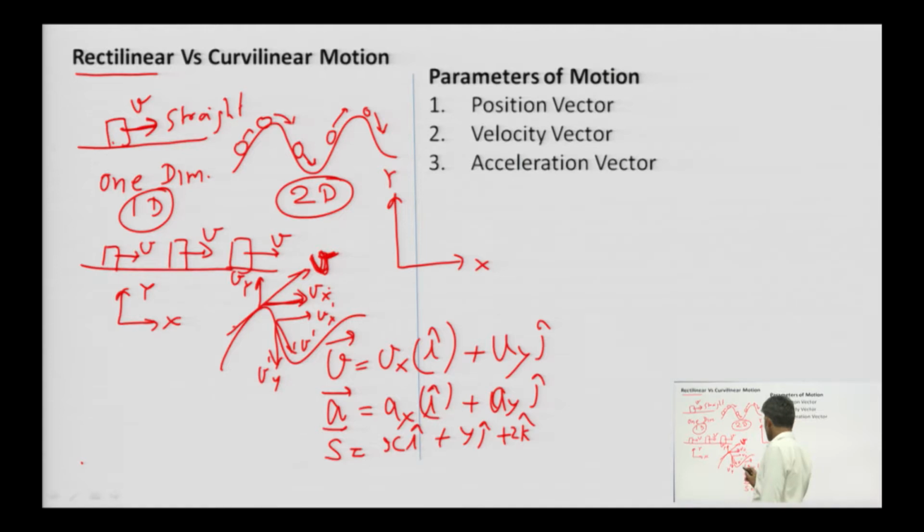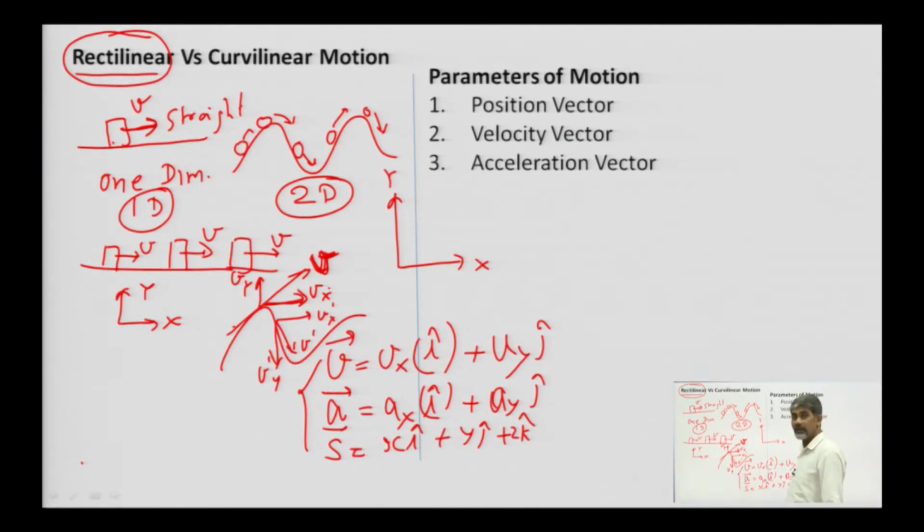So, these will be the equations of the motion parameters: velocity parameter, acceleration parameter, displacement parameter. Now, V x, A x, x, u y, a y will be calculated in the same manner as we calculated for rectilinear motion. Same equations will be used.